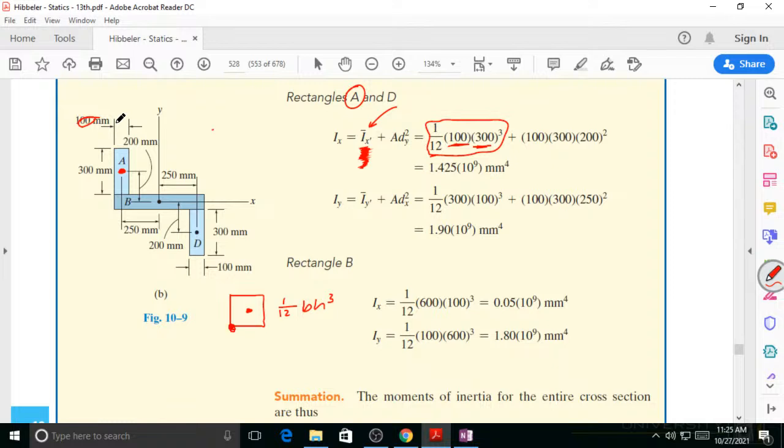If I did it down here, it was 1/3 base times height to the third. So wherever you move it to, it's going to be different. This will be the largest one. I'm sorry, that'll be the smallest one. Let me repeat myself.